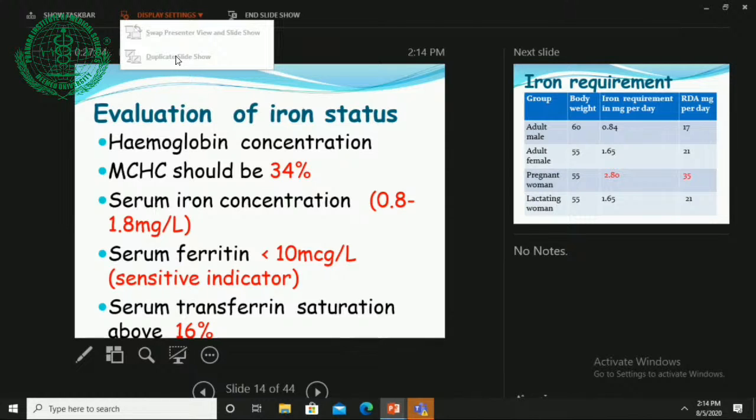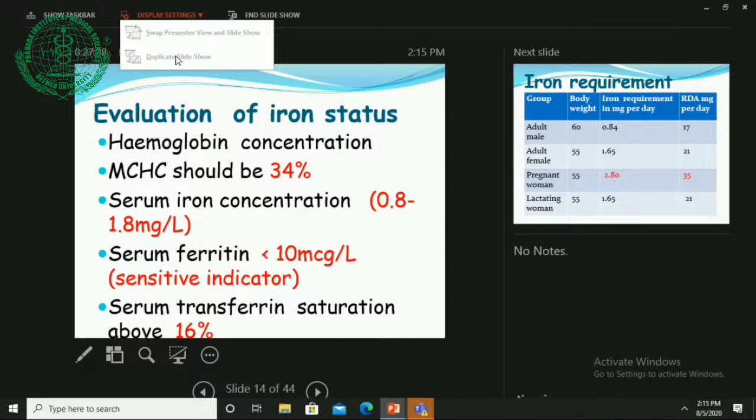Serum ferritin is the most sensitive indicator for identifying cases of anemia in communities where the prevalence of anemia is low.